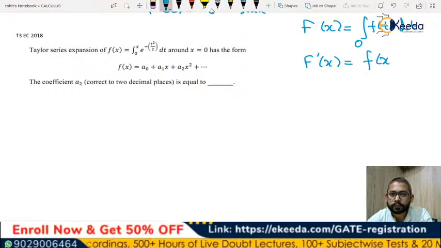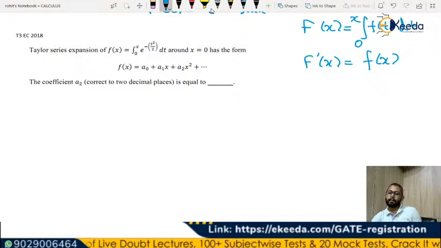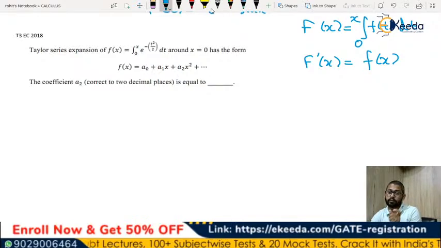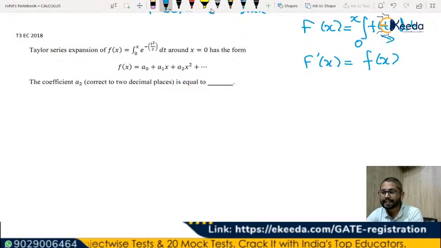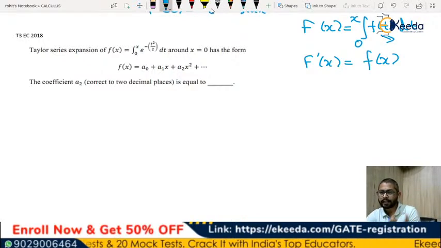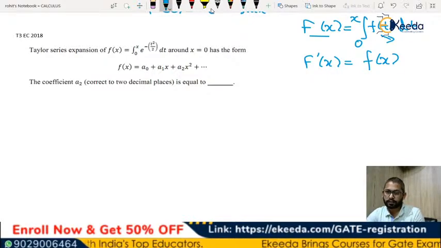This is the fundamental theorem of calculus. If you make sure that f of t is continuous in the range from 0 to x, then the derivative is going to be this function.